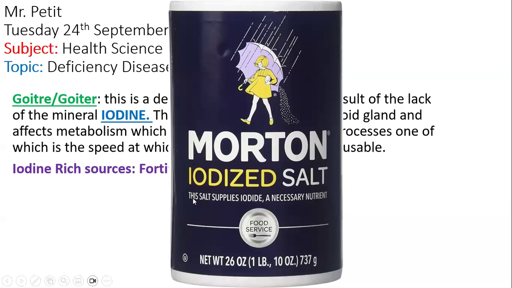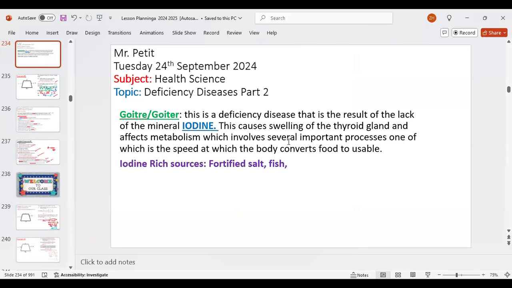Good. And what does it say? The salt supplies necessary nutrients. Good. So if you want to be cheap and get the one that doesn't supply iodine, it's your choice. Or if you say, you know what, I want one that has iodine in it, it's your choice. But you know that iodine is important in the function of what? The thyroid gland. Yeah, the thyroid gland. All right. Excuse me, Mr. Petit. Go ahead.